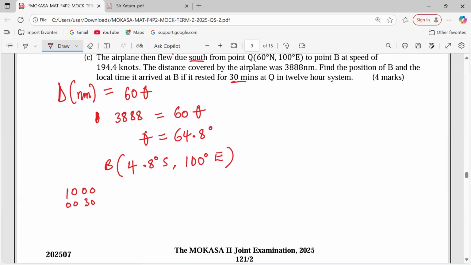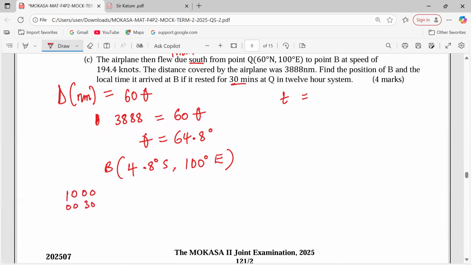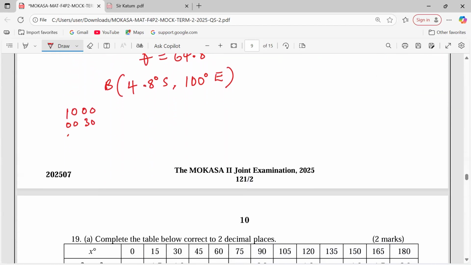Then we also add the time taken. Time is given by distance over speed. This will give us exactly 20 hours. Then we add 20 hours.